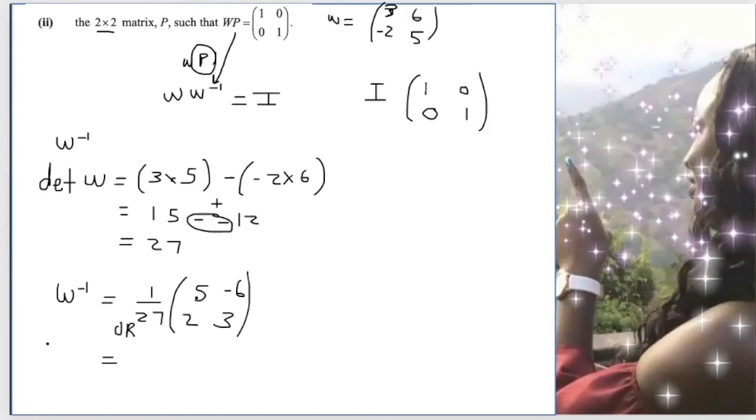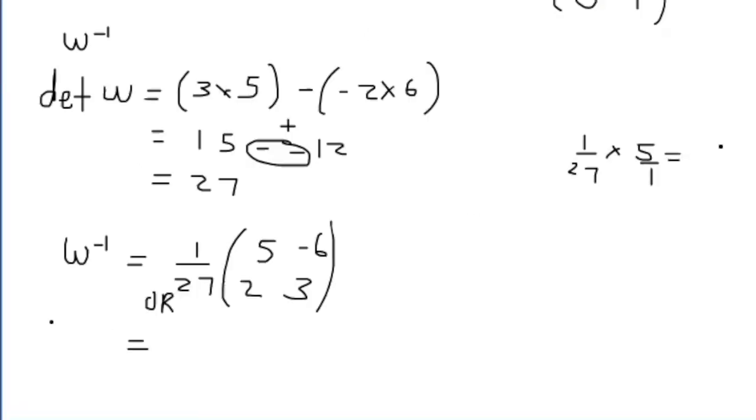We multiply each of these by 1 over 27. Now, please note, you're multiplying a fraction times a whole number. We put the whole number over 1 and say 1 times 5 is 5, all over 27 times 1, that's 27.